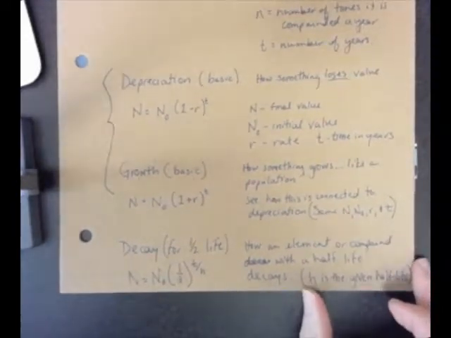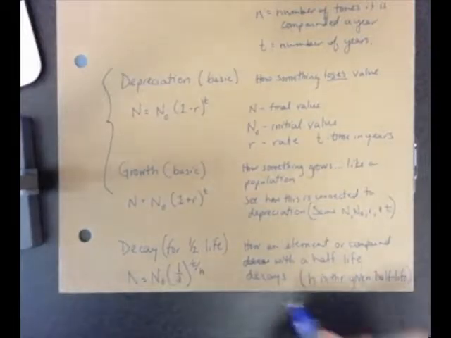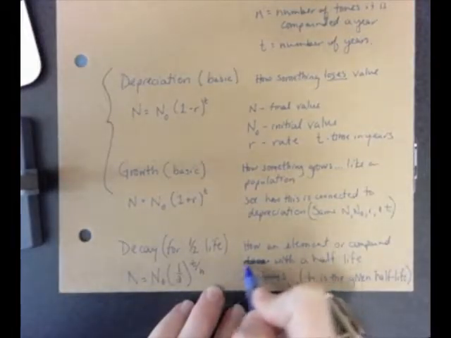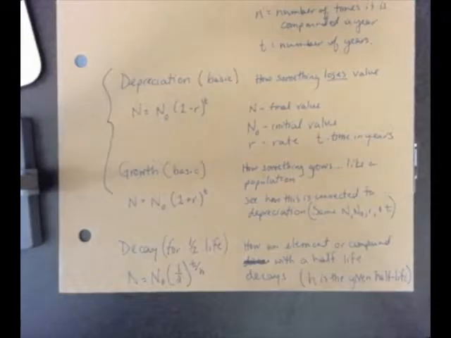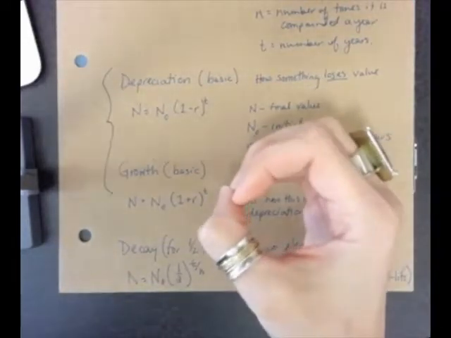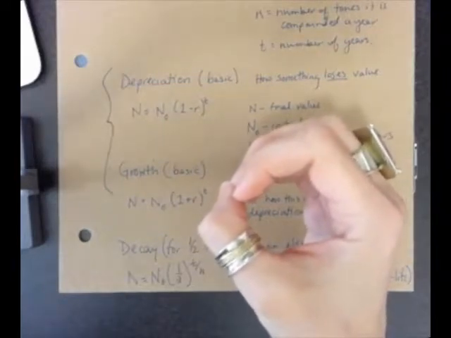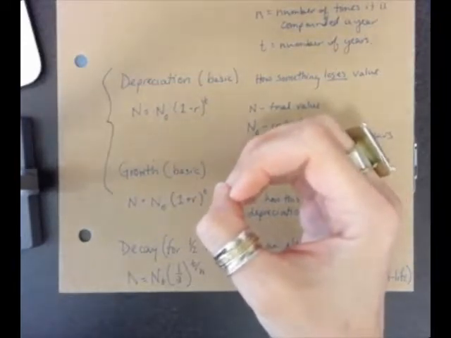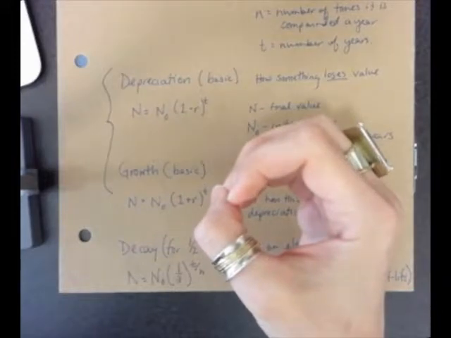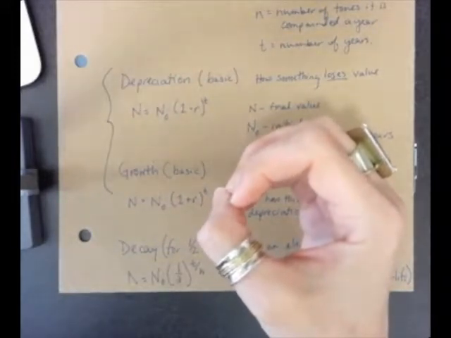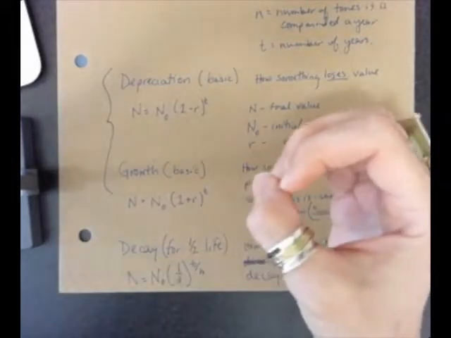In chemistry, you may have learned that there are some elements, mostly radioactive elements, that have something called a half-life. What a half-life means is that if I have a certain amount of a material, it's going to take a certain number of years for it to decay, or lose half of its element.